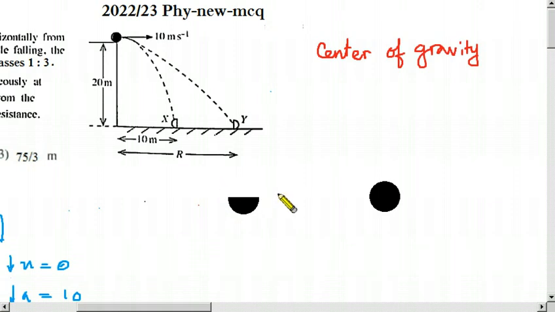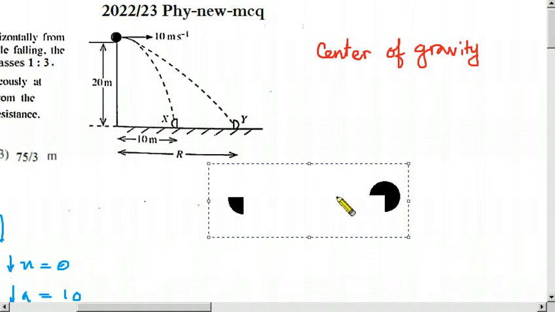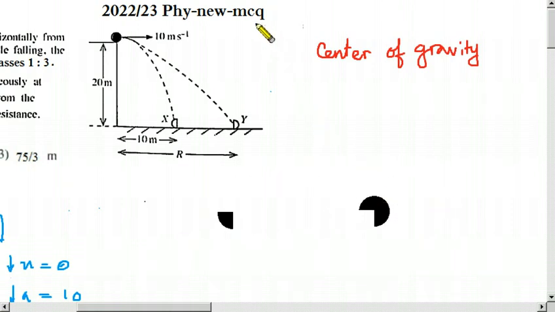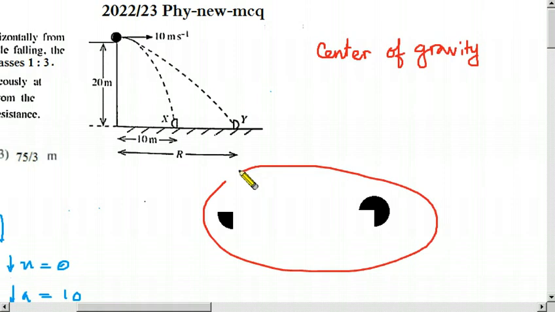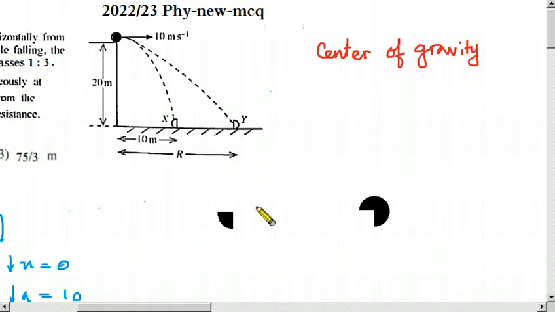This one is only quarter of mass, this one 3/4. So the center of gravity, where is it? If I asked the center of gravity of this system, total thing, after splitting, where it would be?